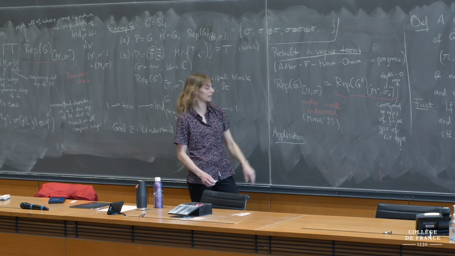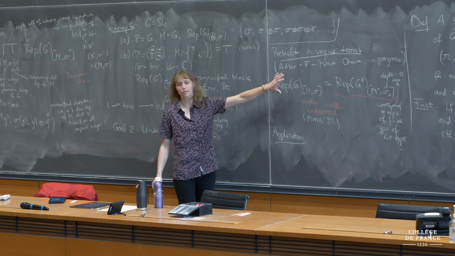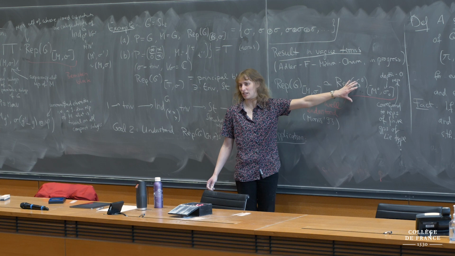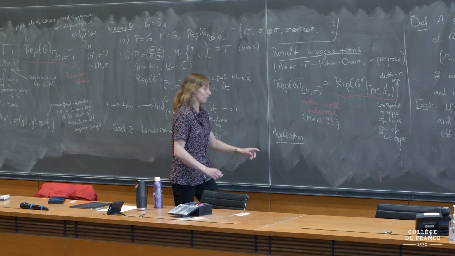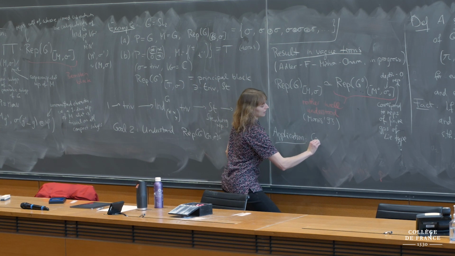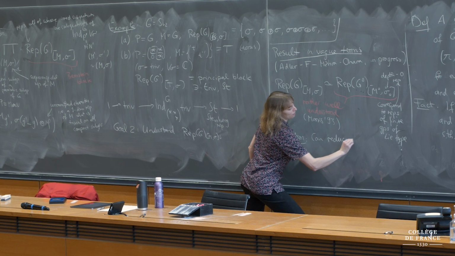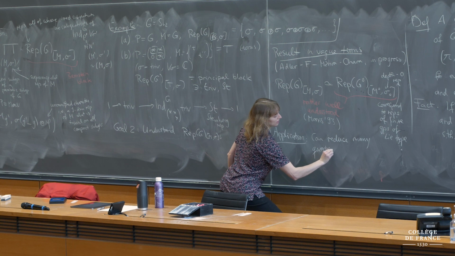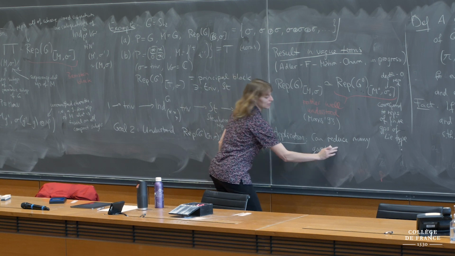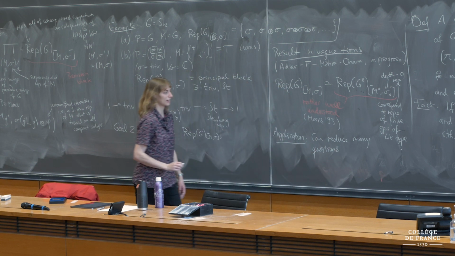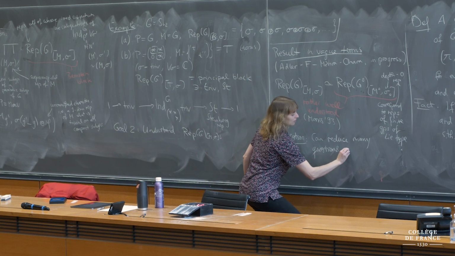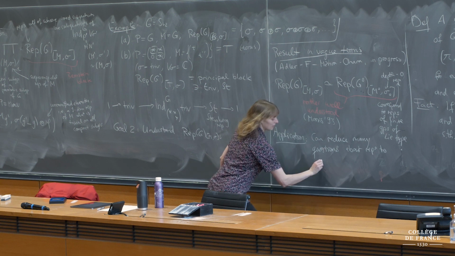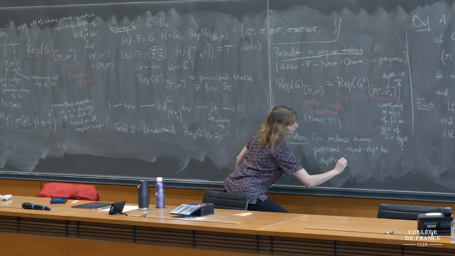So we can use this result also to reduce a lot of questions for arbitrary representations to so-called depth 0 representations where things are much easier. So one application is that we can reduce many questions that you can ask about the representations, also in the classical setting, to depth 0 representations.